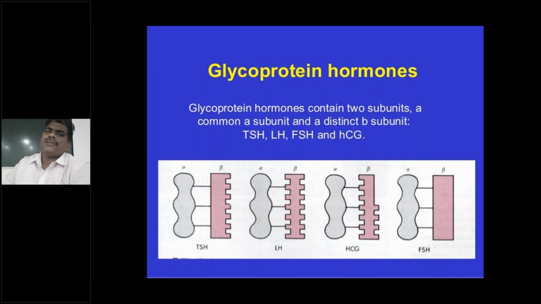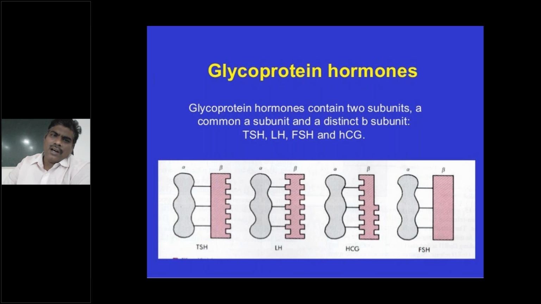Coming to the next section, the glycoprotein hormones. These are hormones released from the anterior pituitary gland. The first one was growth hormone and prolactin, and the second one is the glycoprotein hormones.